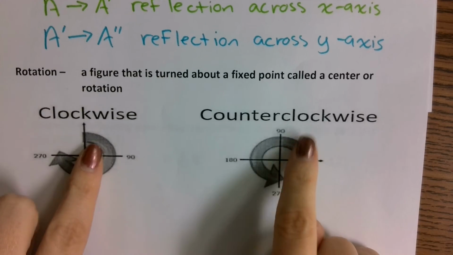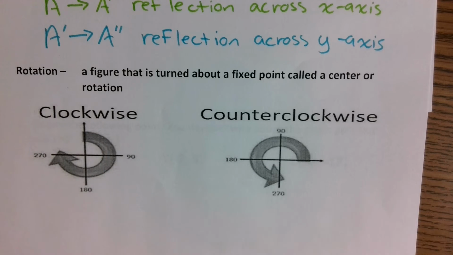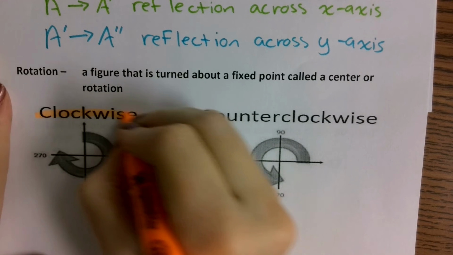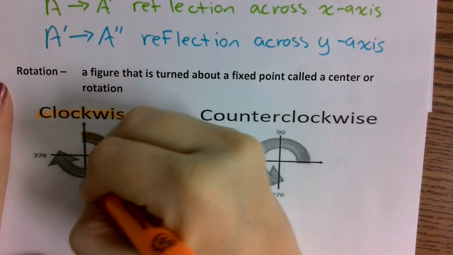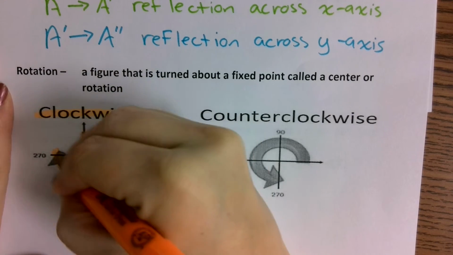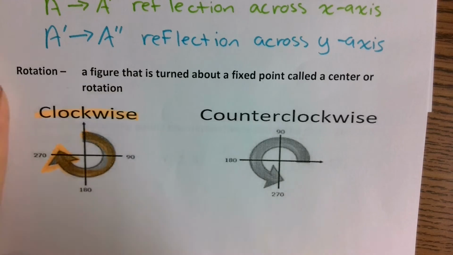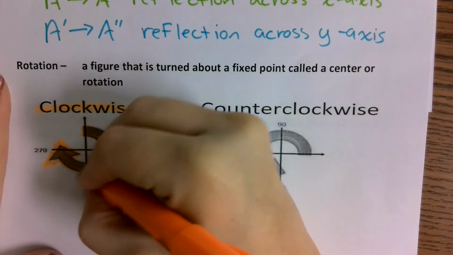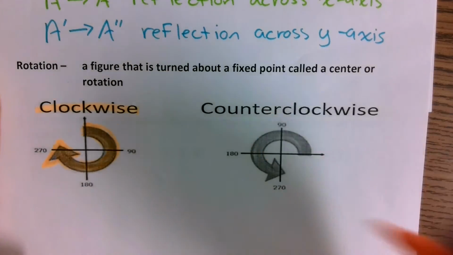Okay, so first thing you guys need to make sure you understand is directions. I can't tell you how many people don't seem to remember what direction clockwise is and what direction counterclockwise is. Clockwise is going to mirror the following right here. It's not like it goes from left to right.